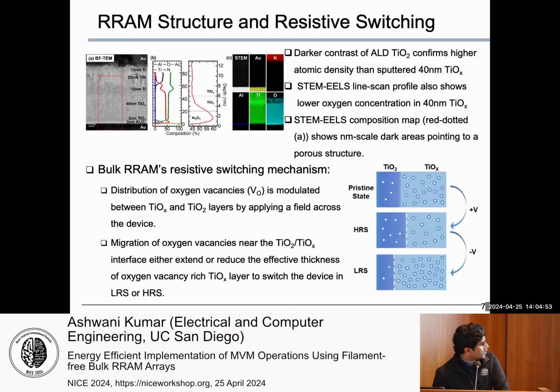And if we enable the migration of oxygen vacancies from the TiO2 layer to the TiOx layer, it enables low resistance switching, because the effective thickness of the switching layer increases, which is more conductive as compared to the TiO2 layer. So this is the switching mechanism for our devices switching into different resistive states.